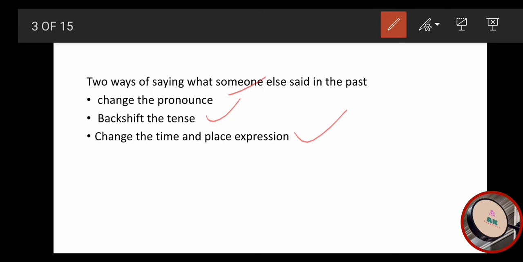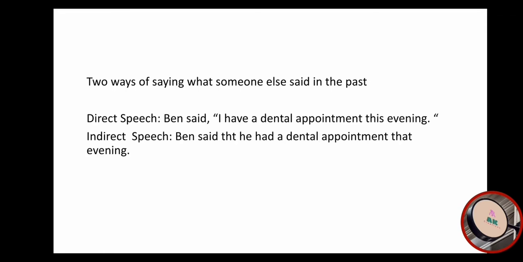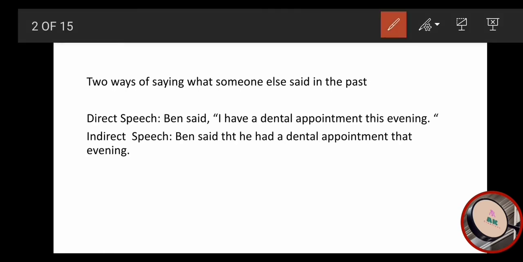Then the pronoun "I" in the direct speech will become he or she, depending on the gender, right? The verb has changed from "have" to "had". So how to show that? I'll go back to that example so that you may get an idea.